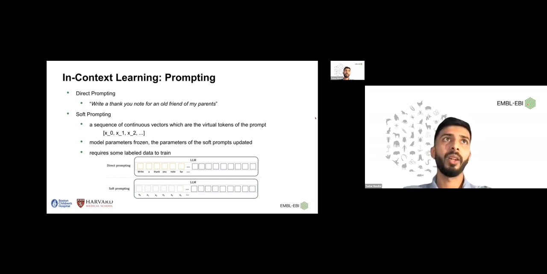We go and ask it, for example, to write a thank you note for an old friend for my parents, and it generates a response. On the other hand, soft prompting uses a machine learning approach to train a sequence of continuous vectors, which are virtual tokens of the prompt. And this technique requires labeled data to train.